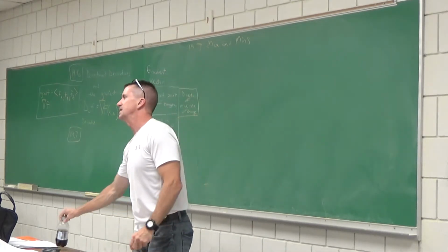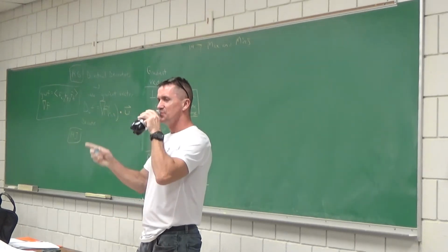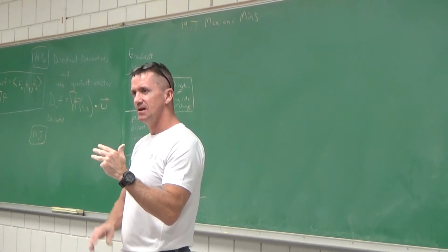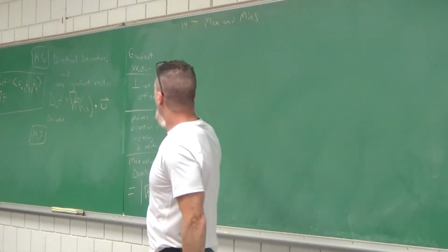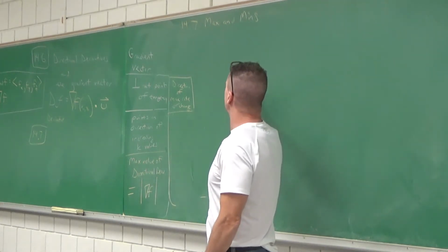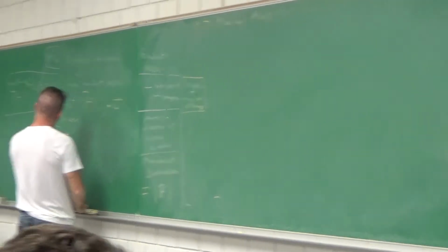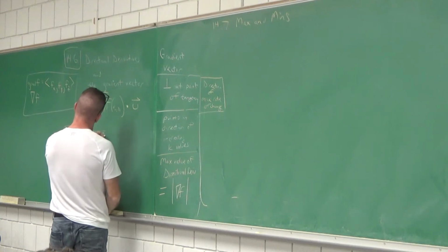How do you get max and mins in Calc 1? The derivative. You get the first derivative, right? It was where the first derivative equaled 0, because the slope would be 0. But now we have functions of x and y, true? So what we're going to do to find max and min, step 1, is find the critical points.